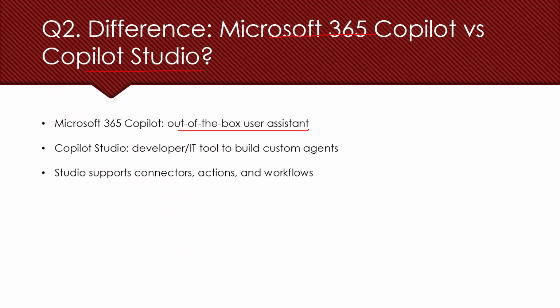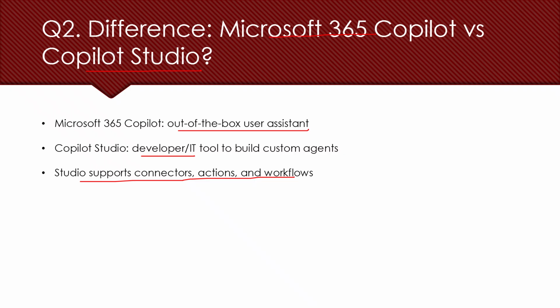Whereas Copilot Studio is a little bit above that. It is the developer and admin toolset, for IT or admins, used to design, configure, and deploy custom Copilot agents. In Studio, we have support for connectors, plugins, and workflows, where we can define actions or generative behavior.